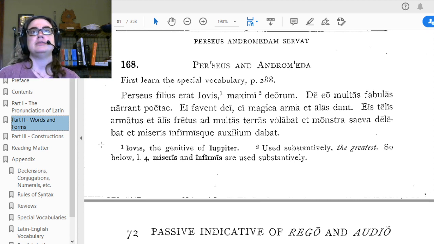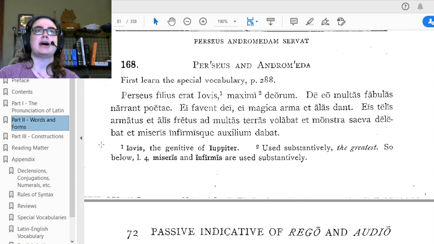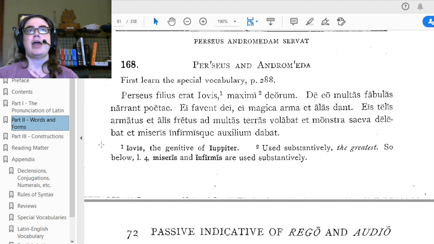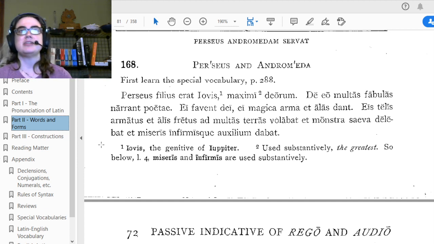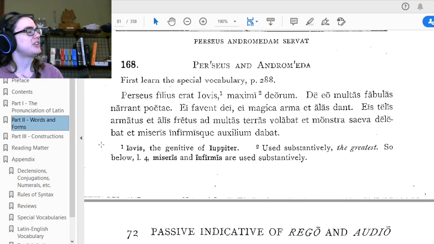Okay. De eo, from him, poetae narrant, the poets narrate many stories, multas fabulas. Ei favent dei, the gods favor him. Ei referring back to Perseus, so he's a demigod. And it's true, Perseus is kind of the first of the heroes.